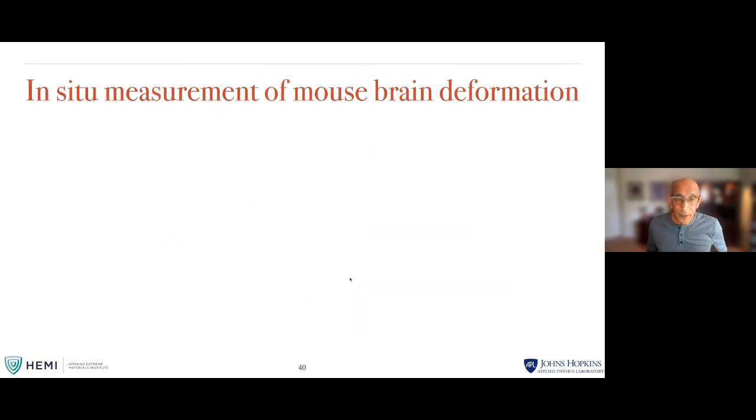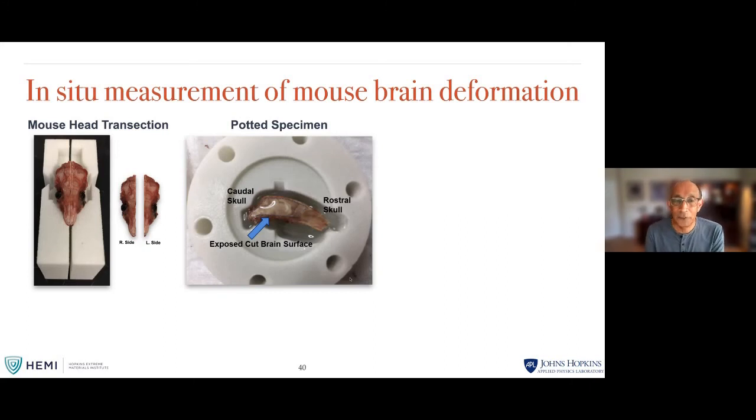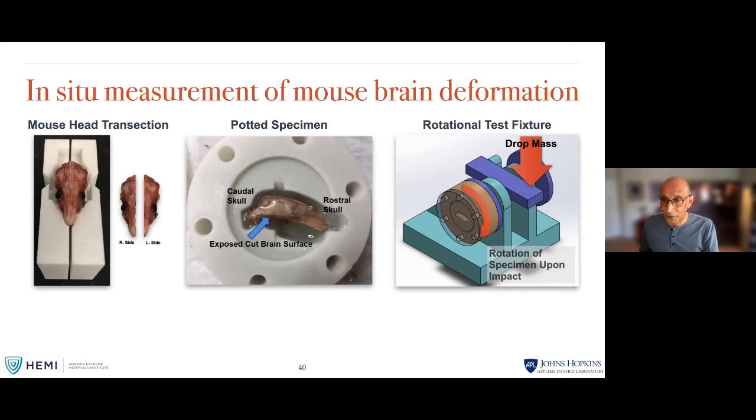Okay. So here's how we do in situ measurements of mouse brain deformation. We take a mouse head and cut it in half. We then take half the head and put it inside a structure, basically a little carrier. We cover that carrier with epoxy, but we can still see through it, so we can do DIC on it.